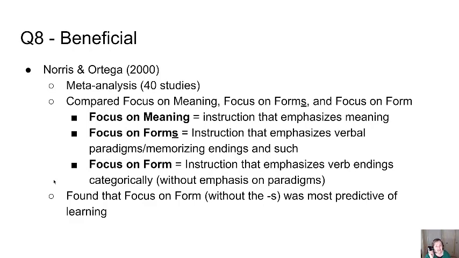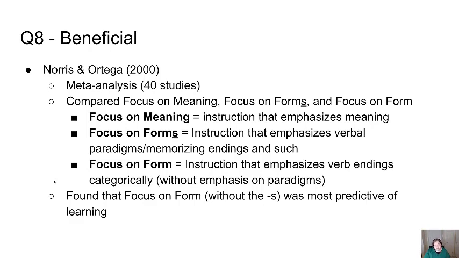And so I find this extremely important because there's a lot of data that goes into 40 studies, and they only could keep the ones that were comparable. A lot of culling went into understanding this data. My own approach to grammar in the classroom looks more like focus on form because of Norris and Ortega.